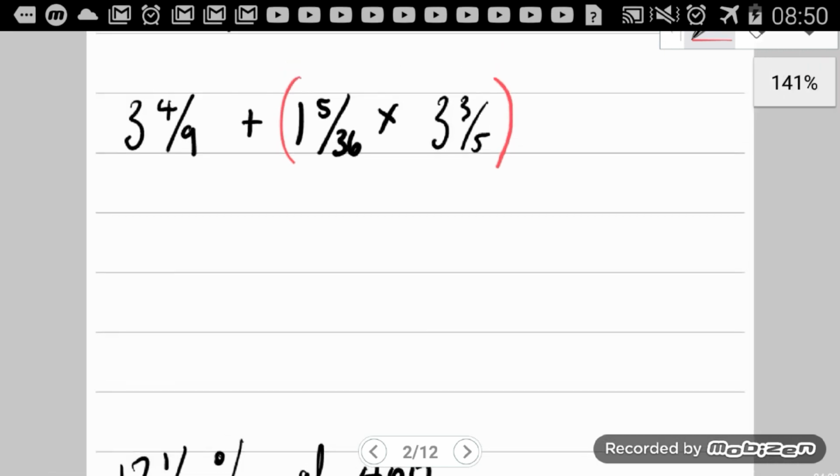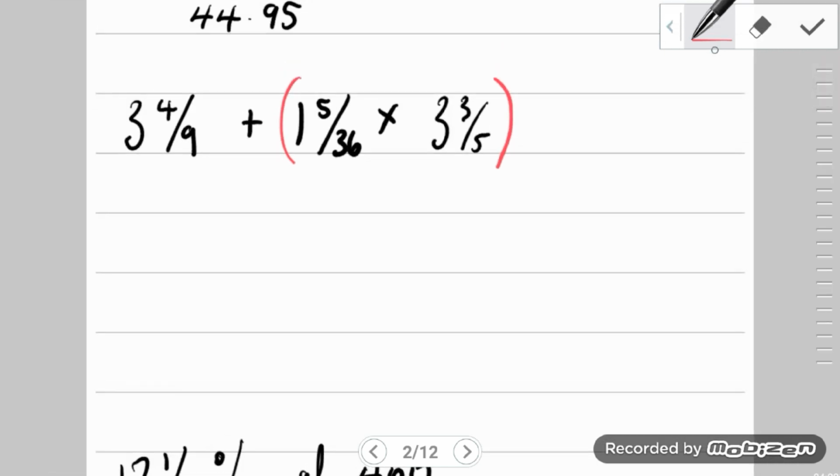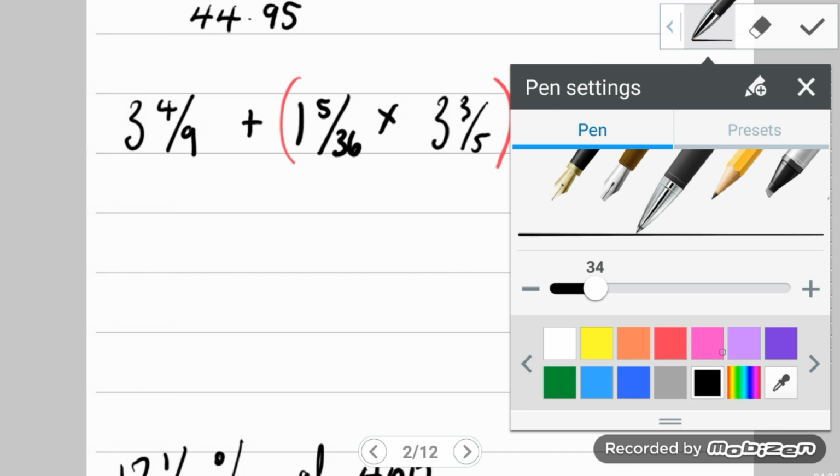Now, before we go ahead and do the process of multiplication, we must convert all our mixed fractions to improper fractions.